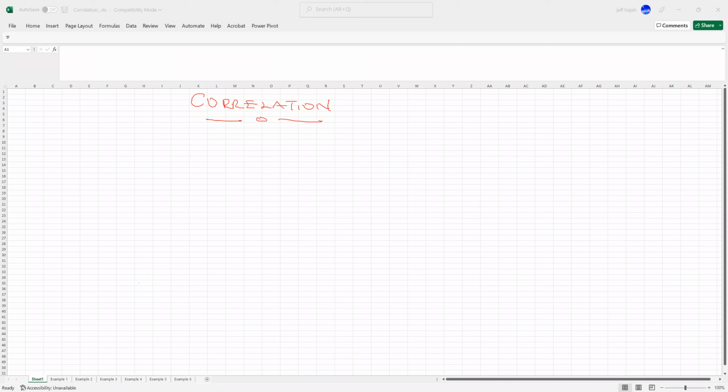Now, why is this important? This is important because it helps us to see if variables are related in any form. And what correlation does is two big things. It shows us the direction of the relationship.